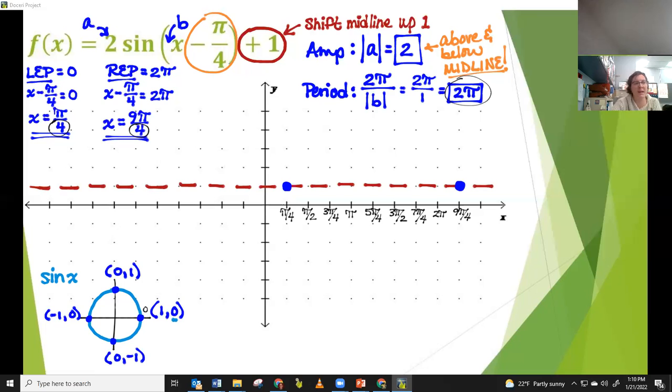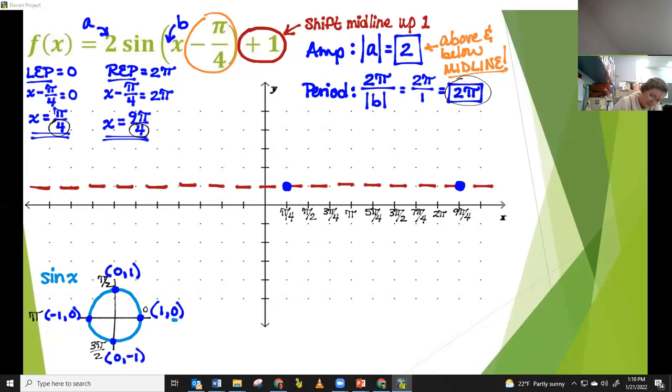Where else will we hit the midline? 5 pi over 4, absolutely.